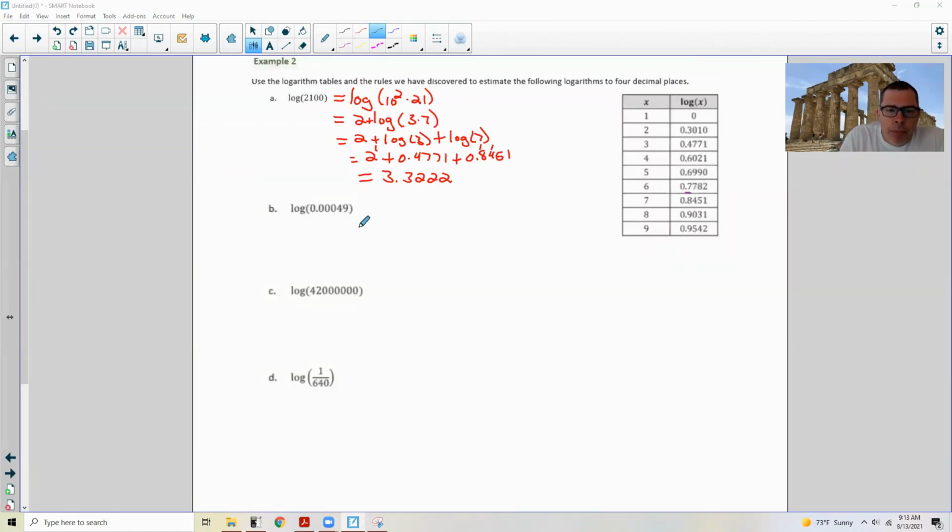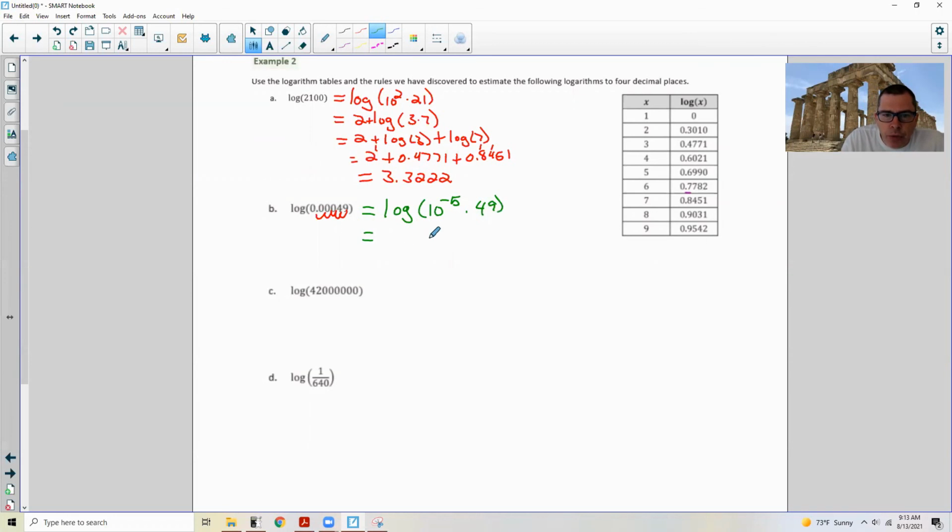All right, part B from example 2. This one, the decimal got moved the other way. So 1, 2, 3, 4, 5 decimal places. So this is going to equal the log of 10 to the negative 5 times 49. Well, what is 49? Let's just leave it as 49 for right now.